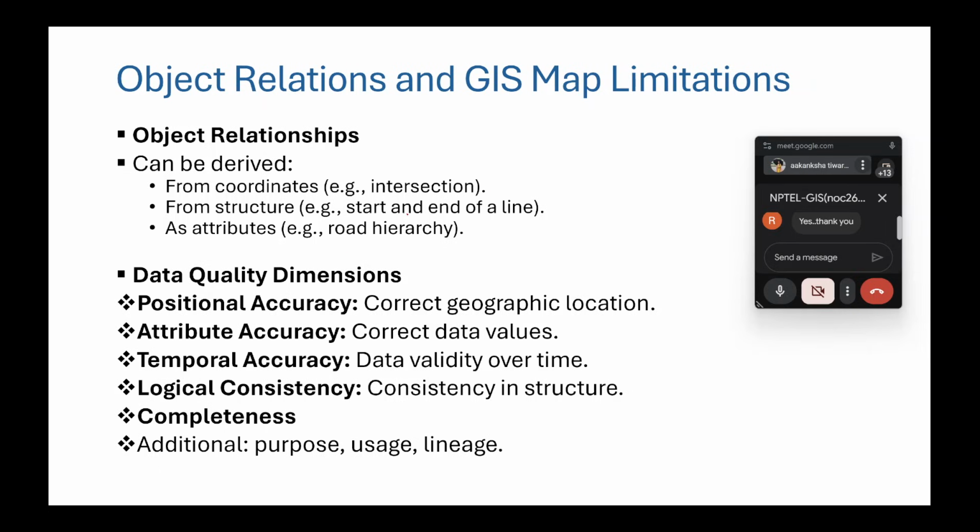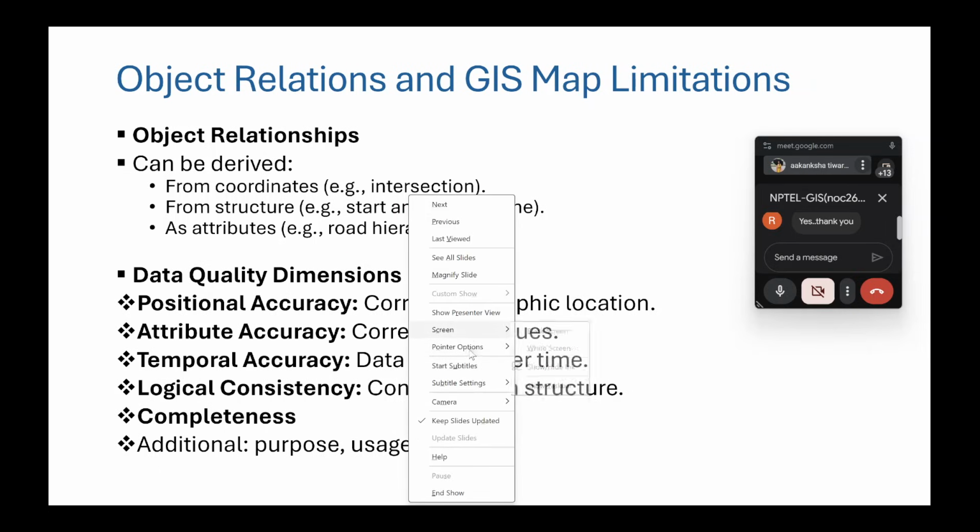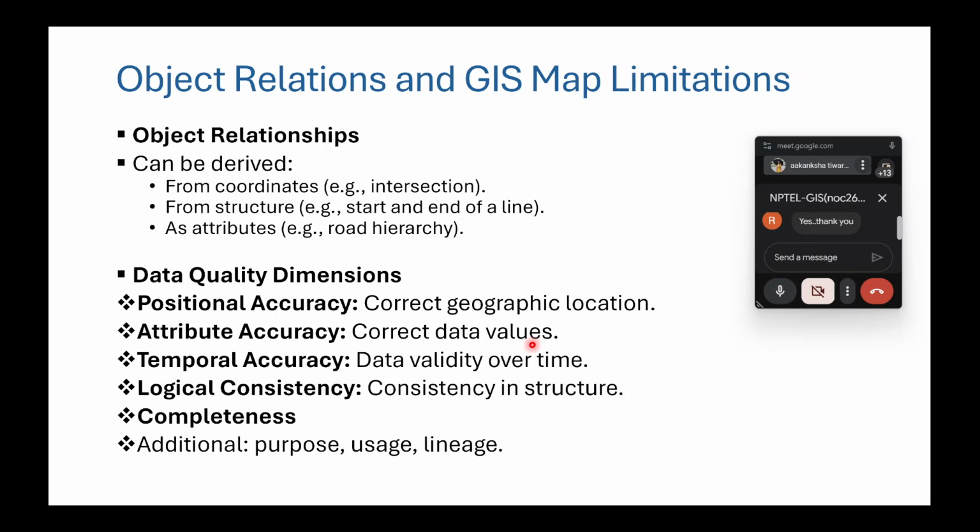So positional accuracy means the coordinate systems or the coordinates that are assigned to the image are not correct. So we need to correct the geographic location, or positional. We need to increase the positional accuracy. Okay. Second can be attribute accuracy. So sometimes the data values can be wrong. So for that we need to check the attribute accuracy.